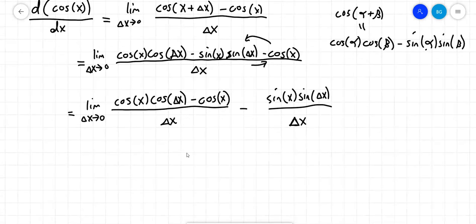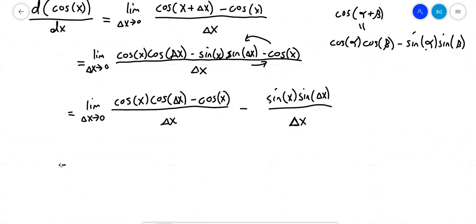And just as we've done before in the last example with sine, we are going to move some things outside of our limit. For example, we can factor out a cosine x, and then we are going to go ahead and do our limit since the cosine x did not have anything to do with delta x. That's okay to do. So we get this scenario.